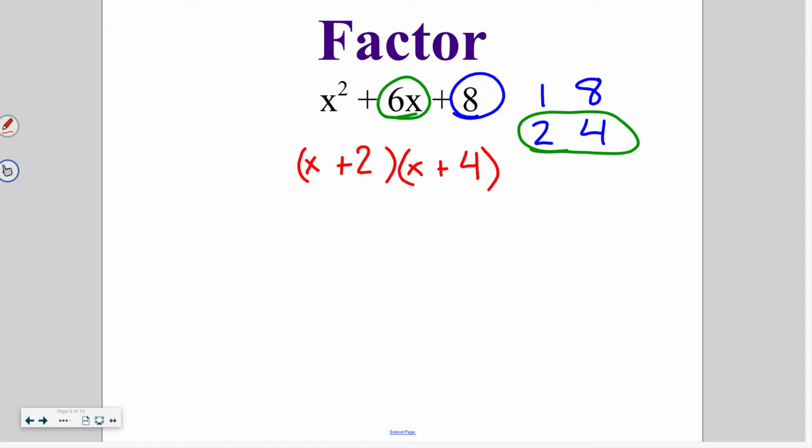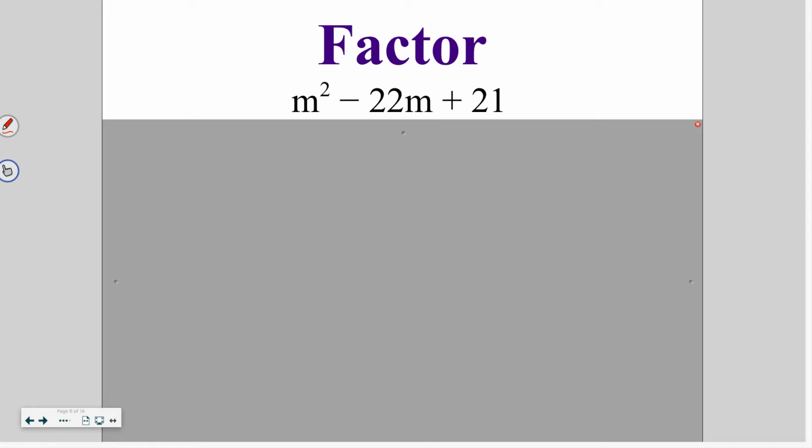So we undid that FOIL process or that box method to figure out what our two factors are. You could have switched them around and said x plus 4 and x plus 2. It doesn't matter the order as long as both parts are present. Go ahead and try this one on your own.